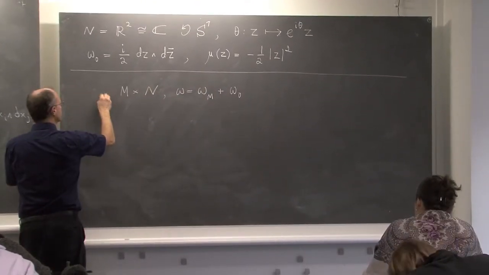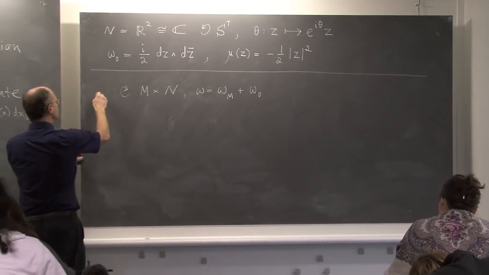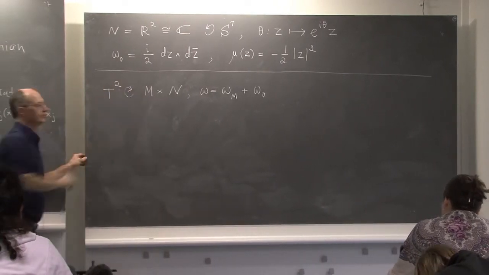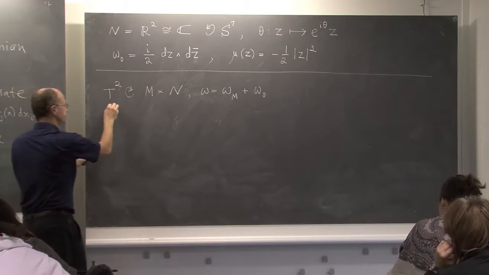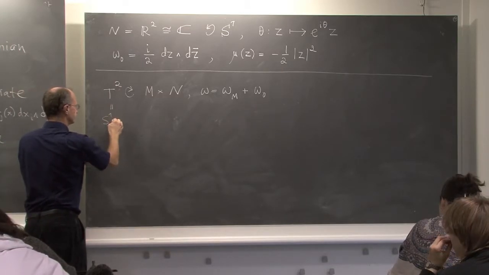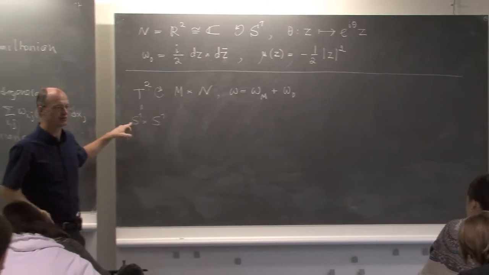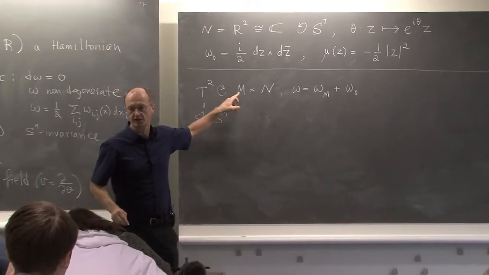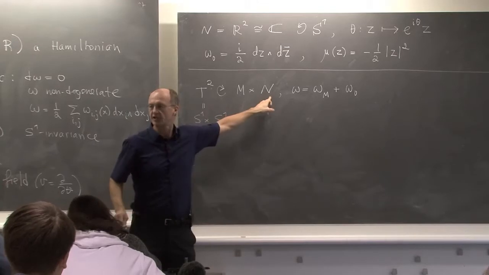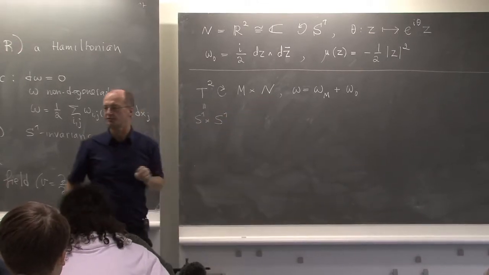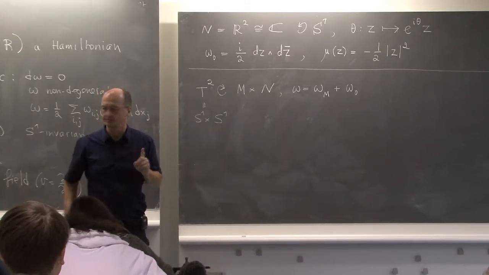And here I would like to equip it with an action of T2. Of course, one simple way would be to say that I take an S1 action on M and an S1 action on N. But I prefer to do it slightly differently.